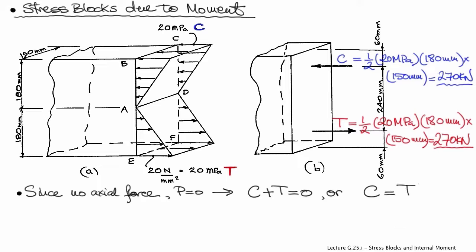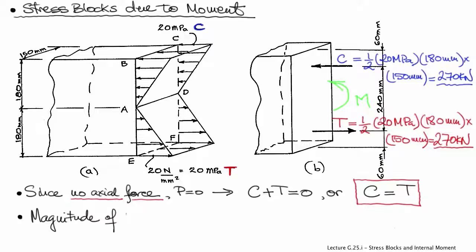Now, if we sum the forces in the horizontal direction, the total resultant force is 0. So there is no axial force on the section. P equals 0. So C plus T equals 0, or very, very importantly, the total compression force in this case equals the total tension force. And that's for pure bending, where P is 0. There is no axial force.